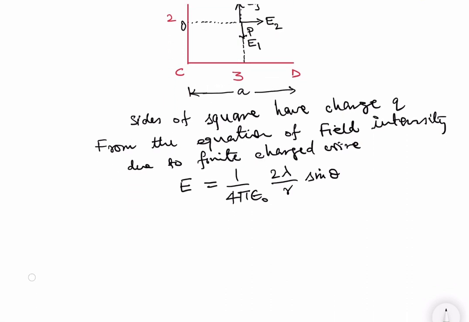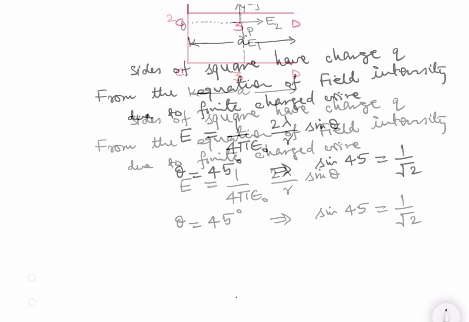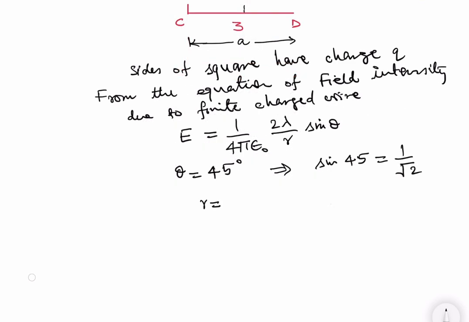In this case theta is equal to 45 degree. So sin 45 is equal to 1 by square root 2. R is equal to L is equal to a by 2.